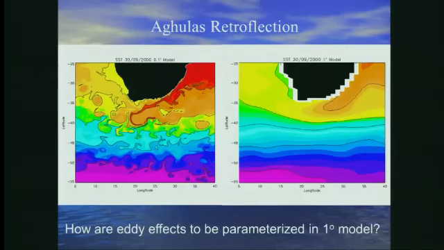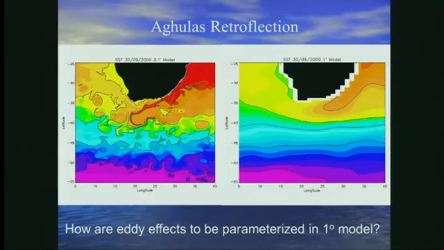So let's start with a plot of sea surface temperature from two different resolutions of an ocean model. This is South Africa, and so we're looking at the Southern Ocean here, and in the high resolution, which is 1/10 of a degree, this is the sea surface temperature on a particular day.